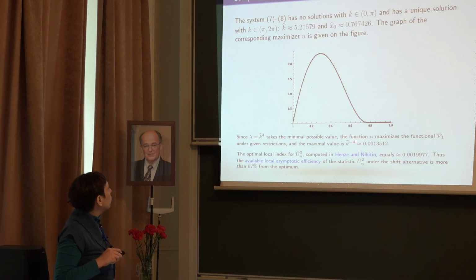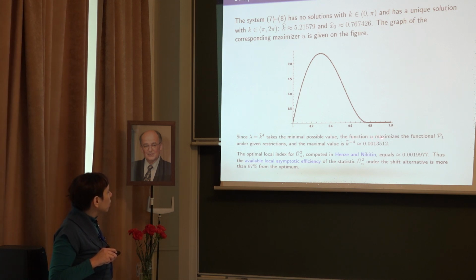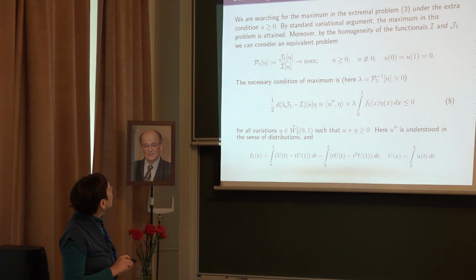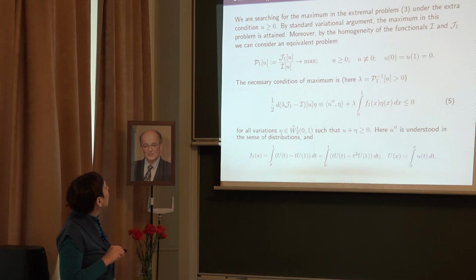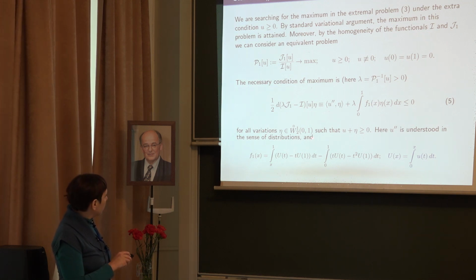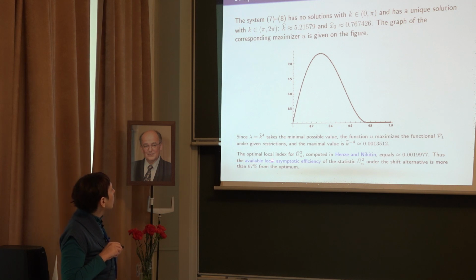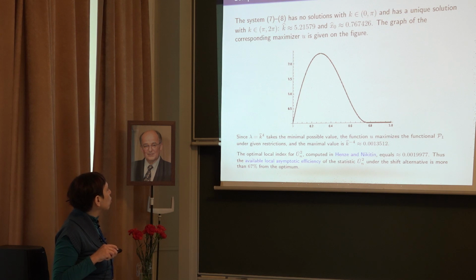Now we come to this maximizing function, the solution which maximizes the functional under given restrictions. And finally, we find the optimal local index for the available local asymptotic efficiency of the test statistics under the shift alternative.